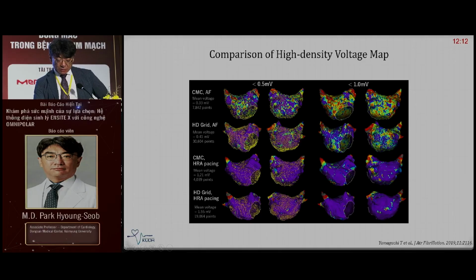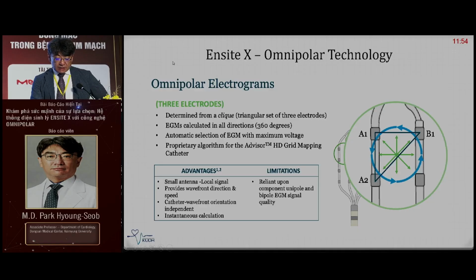When you create this kind of voltage map, you can get more precise, more detailed voltage data with the high density voltage map using the HD Wave solution with the HD Grid catheter. Insight X system has omnipolar technology, which is more advanced as compared to the HD Wave solution.